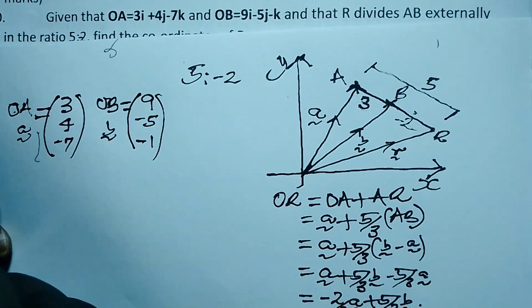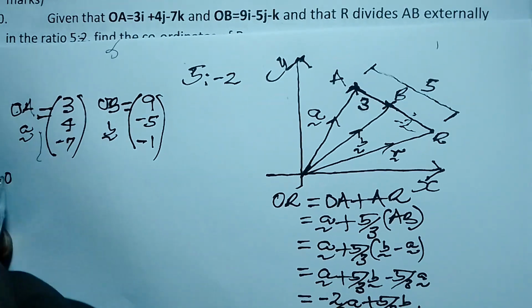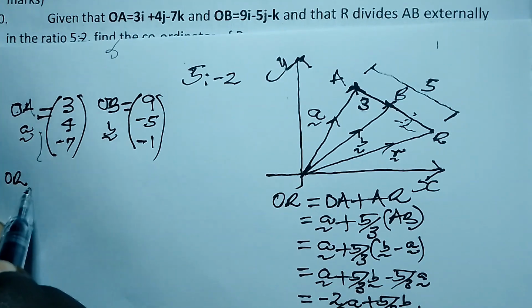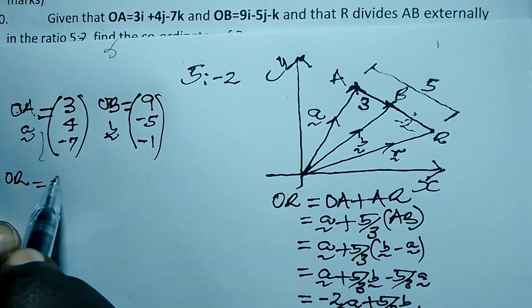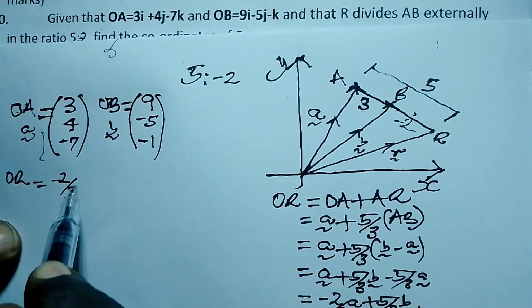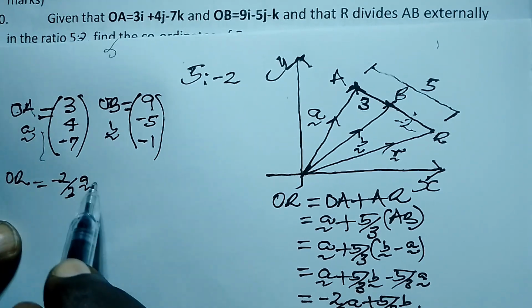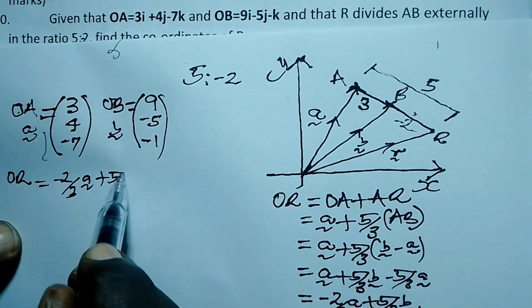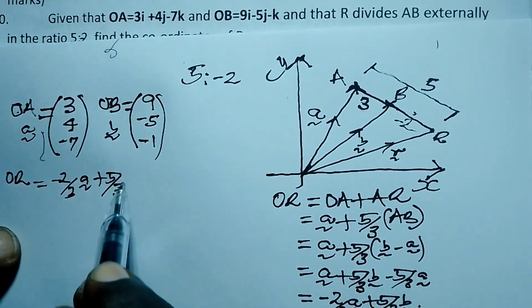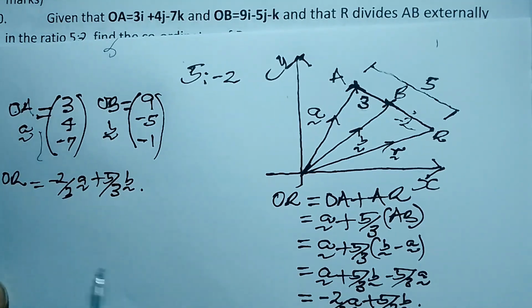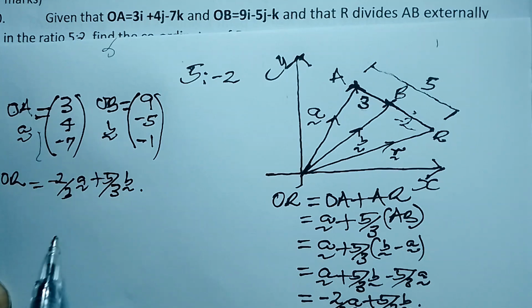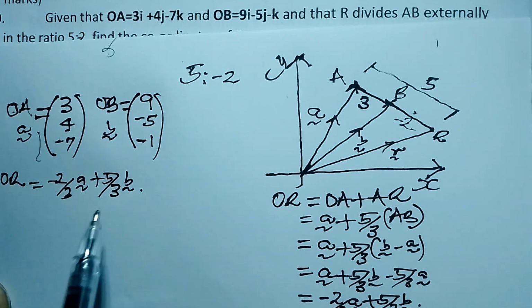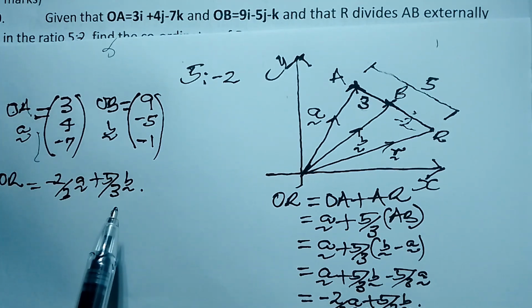So the position vector of OR will be given by negative 2 over 3 vector A plus 5 over 3 vector B. And since we know the column vectors A and B, we just come and substitute.